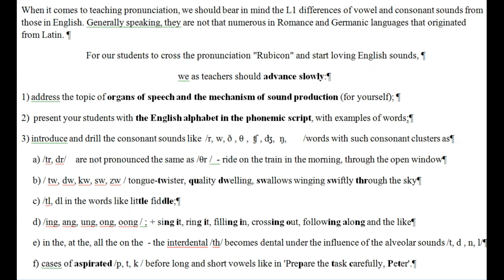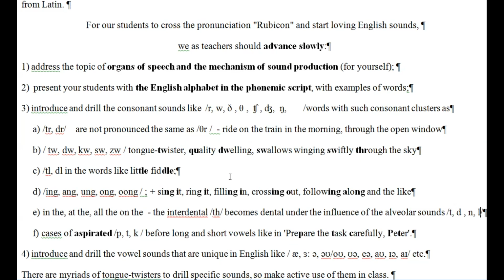Third, introduce and drill the consonant sounds like r, w, z, f, ch, j, and words with such consonant clusters as the following. We have a number of consonant clusters, having trained which you will forget that you had some problems with pronouncing sounds.